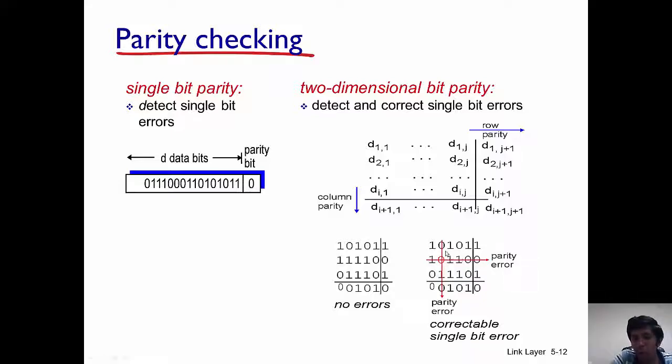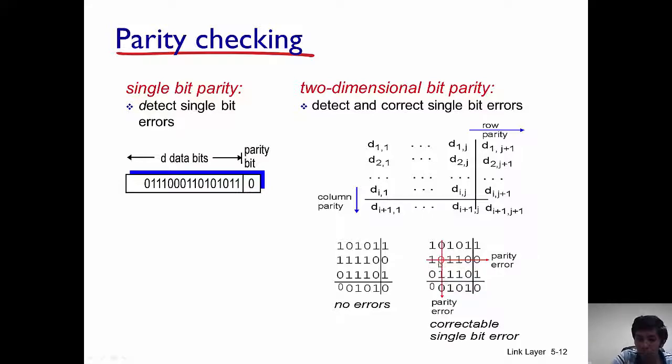Again, if you look along the column, using single bit parity you can see that there is some error along this column. Now the intersection of the row and the column is going to give you where the error precisely occurred. So using two-dimensional parity, you can not only detect single bit errors, you can also correct single bit errors.